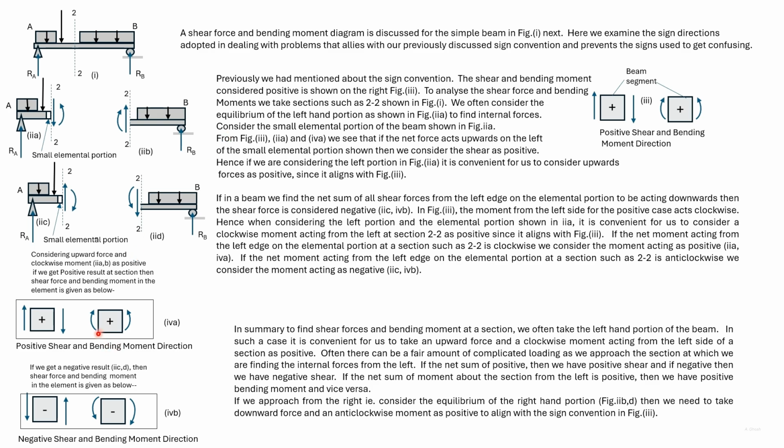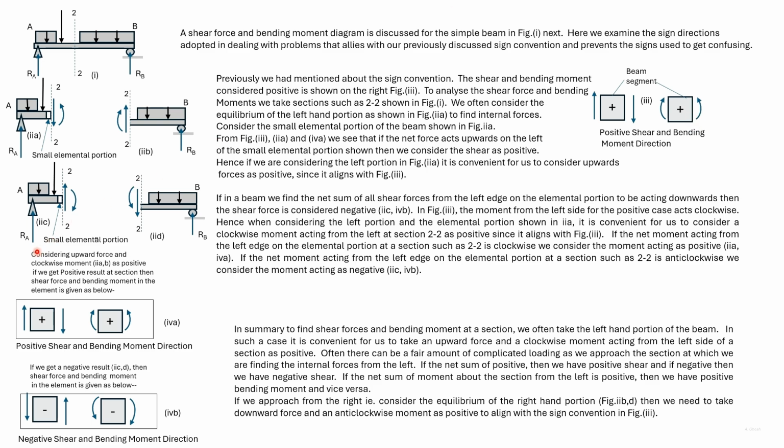So the net moment acts as shown. For equilibrium, there will be an anti-clockwise moment on the other side of the element. Since we have taken clockwise as positive, the net moment numerically we'll get here is positive, and it matches with our positive sign convention.